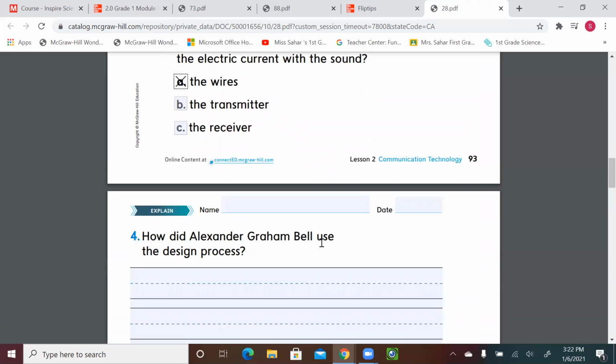How did Alexander Graham Bell use the design process? How did he use it? Remember, he has to find the problem. So he found the problem, and the problem is that he needed to design something that helped to send messages over long distance. He tested and he kept trying till he improved his design.